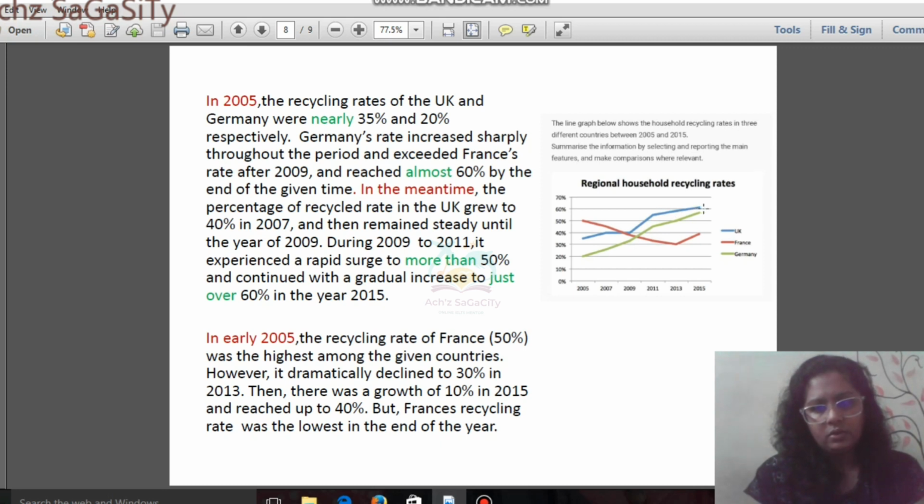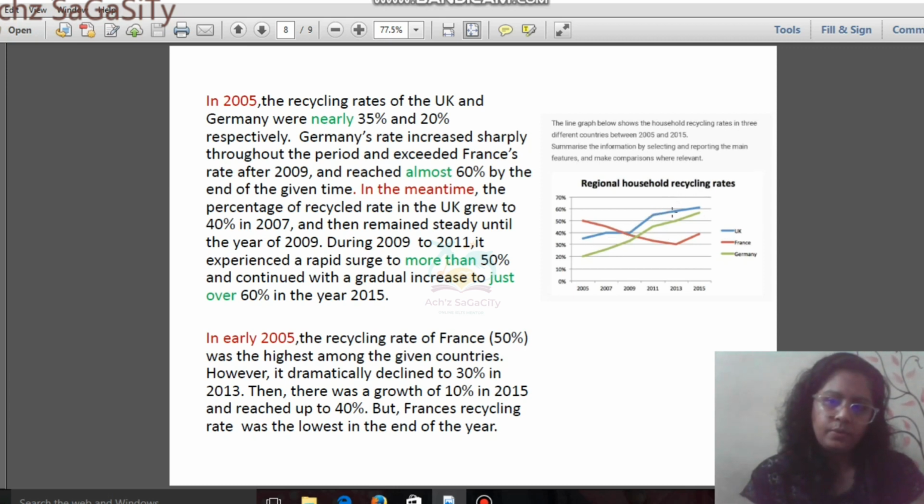So we just write it as, in the meantime, the percentage of recycled rate in the UK grew to 40% in 2007. Then after that, it remained steady until the year 2009. It remains at 40%. Then during 2009 to 2011, it experienced a rapid surge.